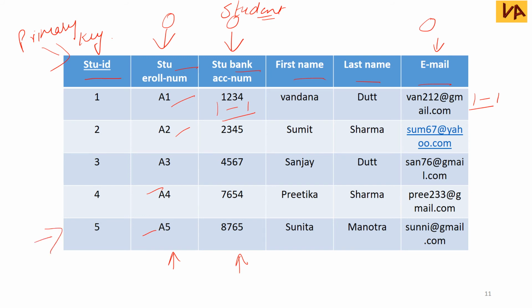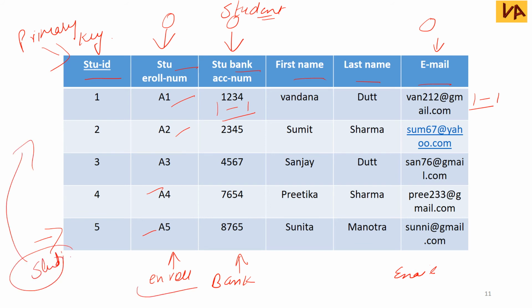So in spite of student ID, these three columns, student enrollment number, bank account number and email ID, also can be used as a primary key. But if we have chosen student ID as the primary key, then the leftover attributes which can also work as a primary key will be known as the secondary key, or you can also call them alternate key, right?